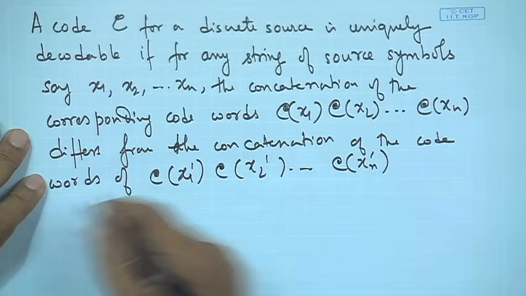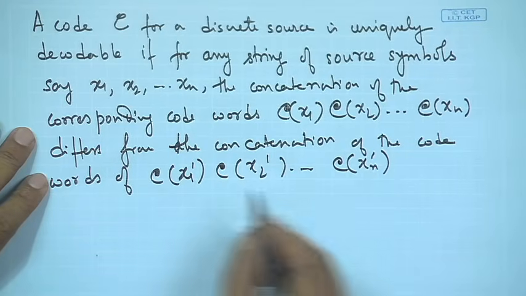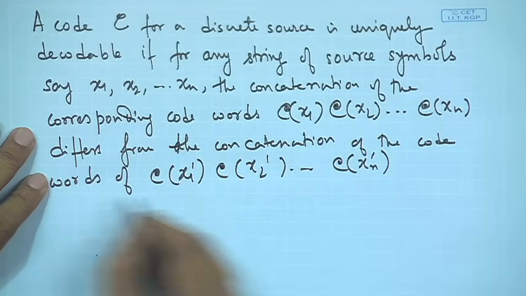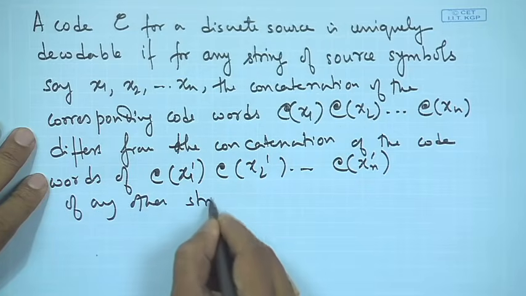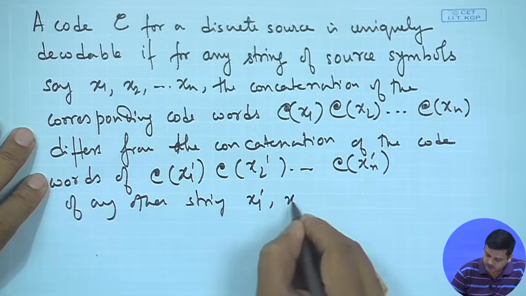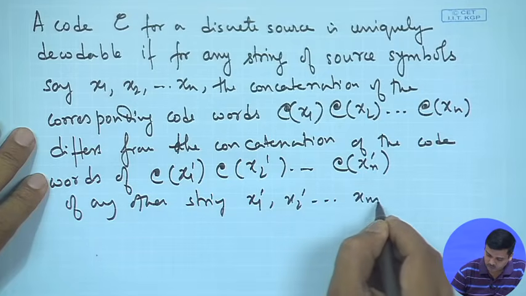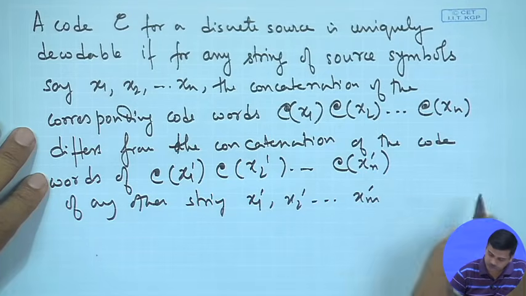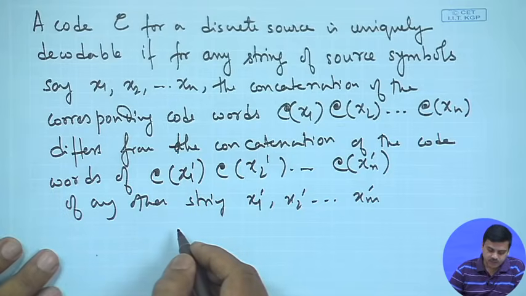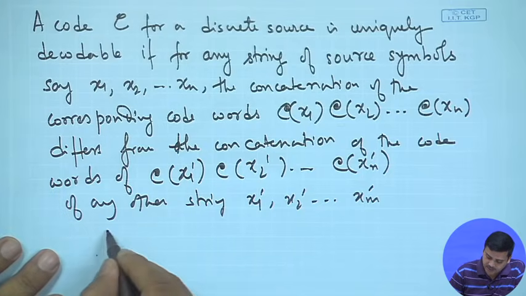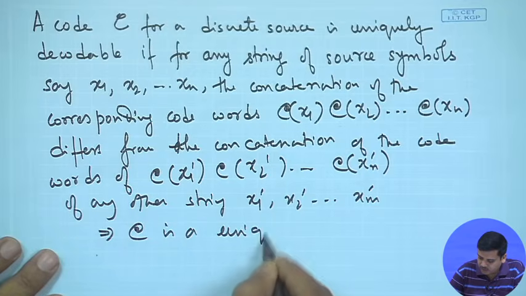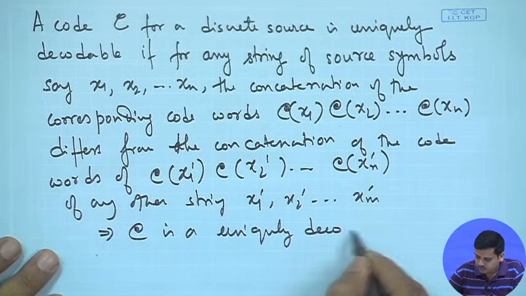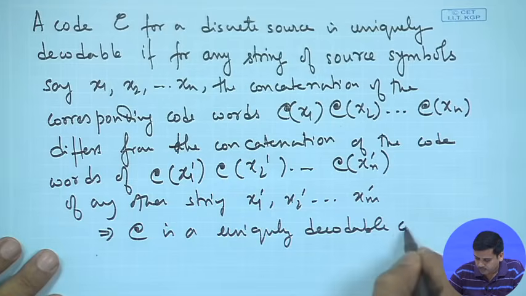By prime we mean a different choice of any other string x1 prime, x2 prime up to xn prime of source symbols. In that case we would say that C is a uniquely decodable code.